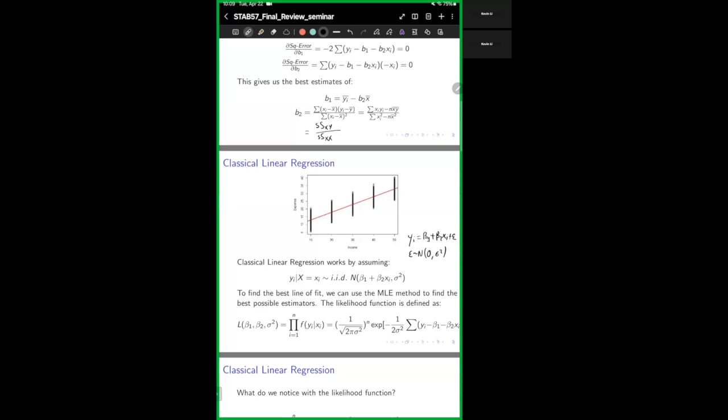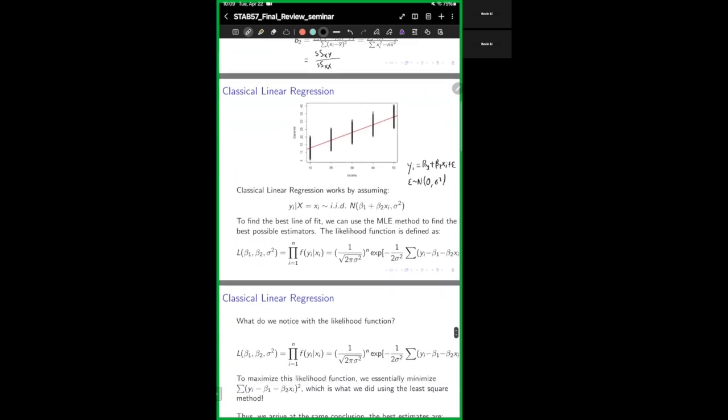To find the best possible line of fit, we can use the maximum likelihood method to find the best possible estimators. The likelihood function is defined as follows: L of beta1, beta2, sigma squared is equal to this expression.